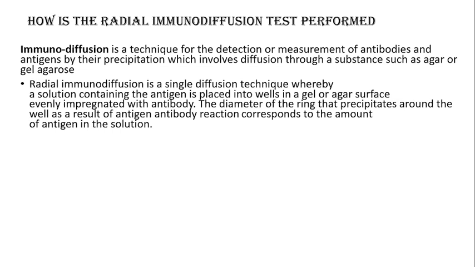The sample, which contains the antigens, is introduced to that plate. The ring formed as a result of interaction between the antigen and antibodies will be measured in diameter, and the diameter of that ring corresponds to the concentration of the antigen in the sample. That is what this paragraph is explaining.